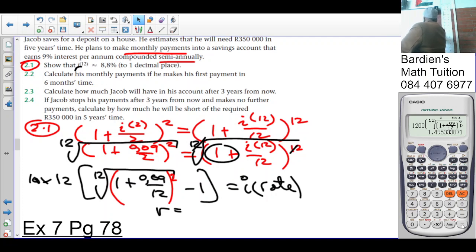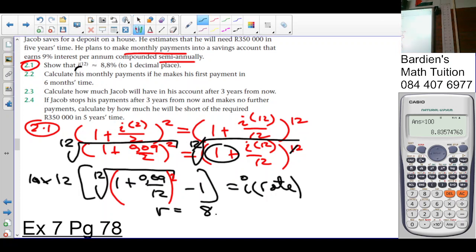Alright, let's go again. So it will be the 12th root of, open brackets, 1 plus 0,09 over 12. No, over 2. I think that's my mistake. To the exponent 2. Then minus 1. Then times 12. Then times 100. I don't know what I did wrong, but okay.